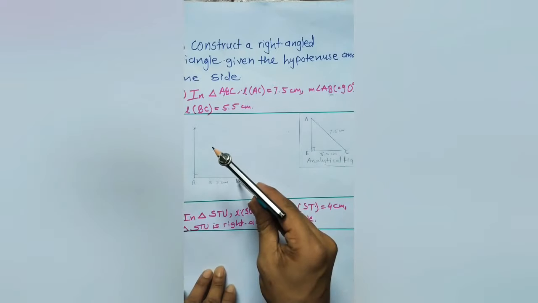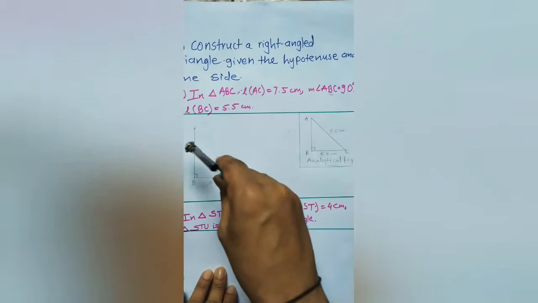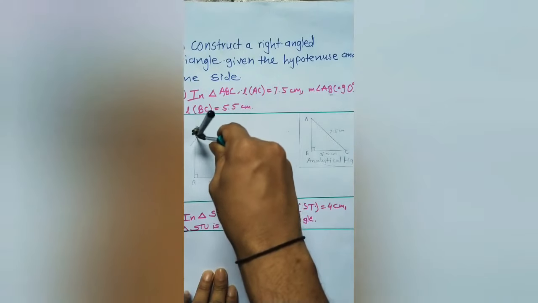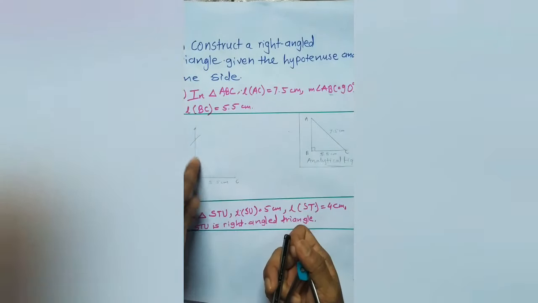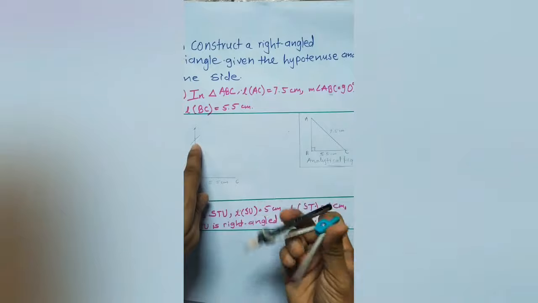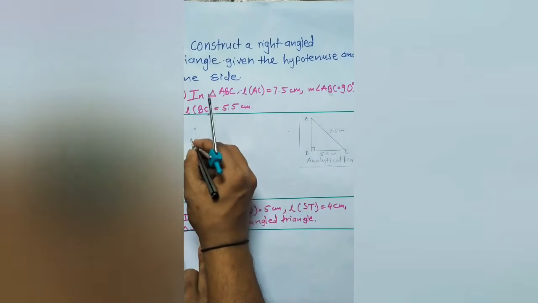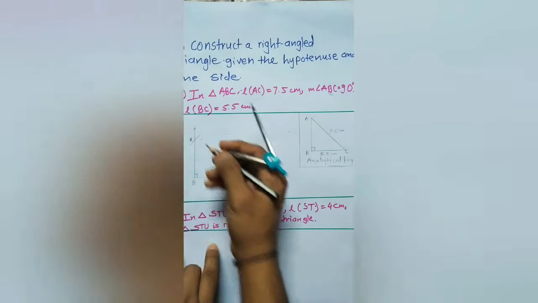Now put the pointed part on C and draw one arc on this perpendicular line. So this perpendicular line and this arc intersect at one point. This point is known as point A.